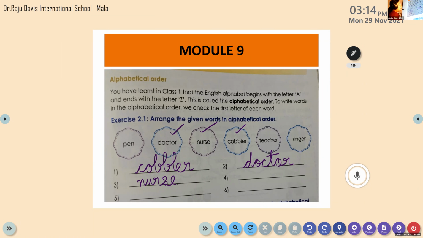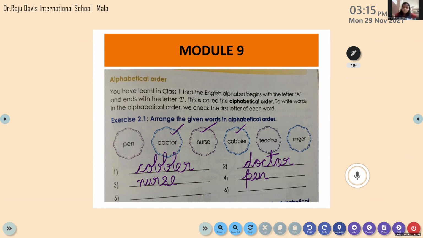After nurse, which one will come? Teacher. Are you sure? Check again all the remaining words: pen, teacher, singer. Say again. Pen. Yes, you're right.